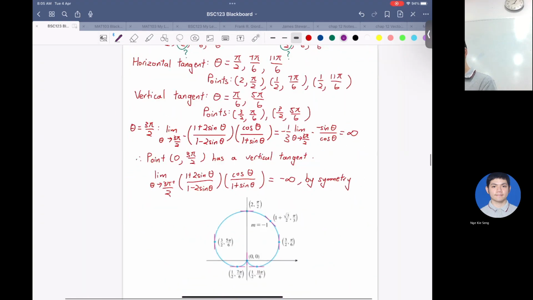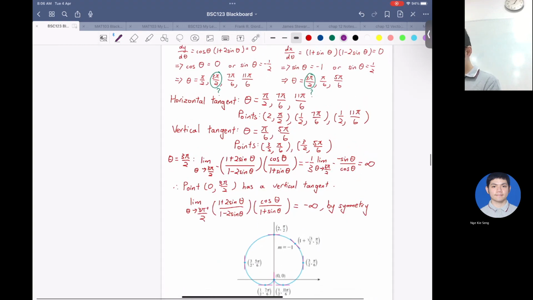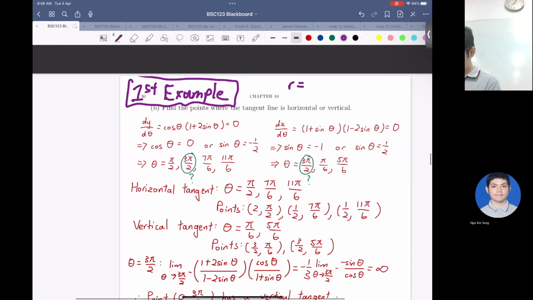What's this curve again? Anyone remember what this curve is? Anyone can recall what this curve is?